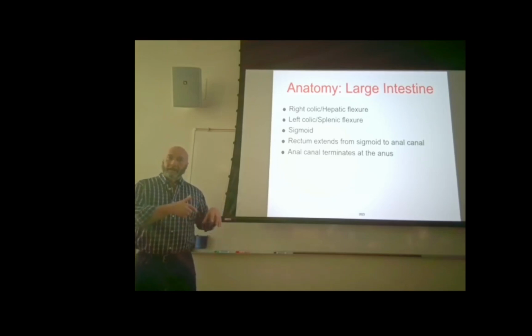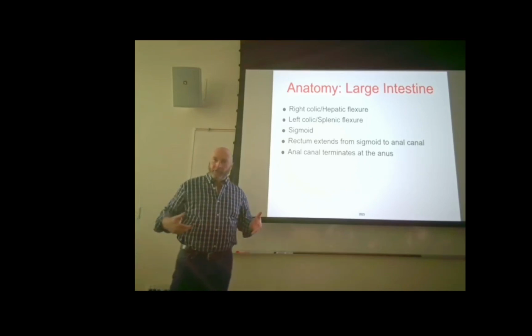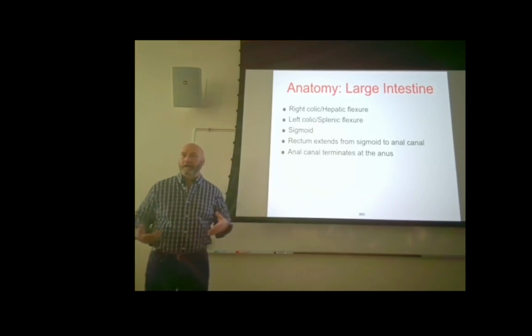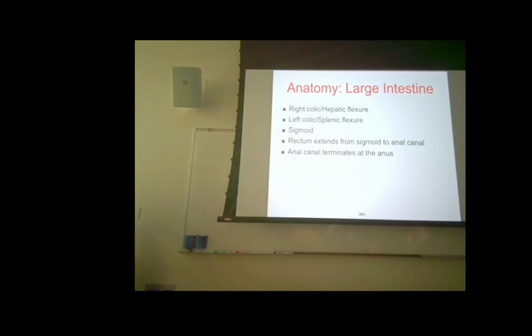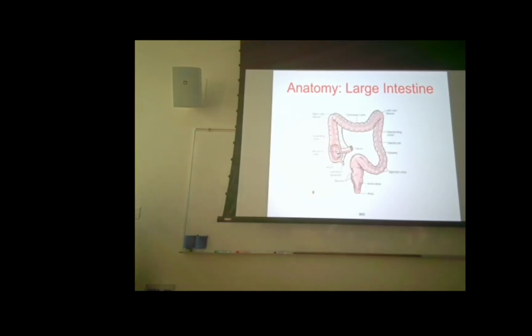Then, because your rectum and anus aren't coming through your hip, it's got to go back towards midline. So you've got what we refer to as the sigmoid colon to get to the rectum and the anus at midline. So it looks like that: ileocecal valve, ascending colon, hepatic flexure, transverse colon, splenic flexure, descending colon, sigmoid colon, rectum and anus.